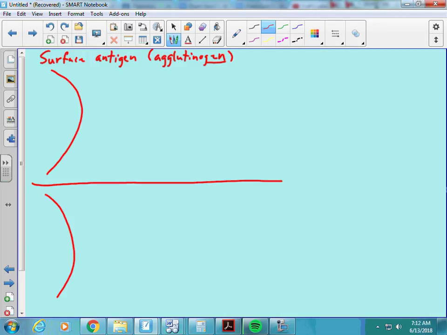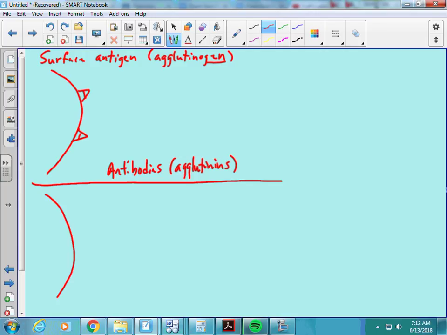So if somebody is an A blood type, always think about what the patient would be if we're trying to transfer blood from one person to another. So they have A surface antigen. Well, then out in the plasma we also have antibodies, and they'll call them agglutinins.